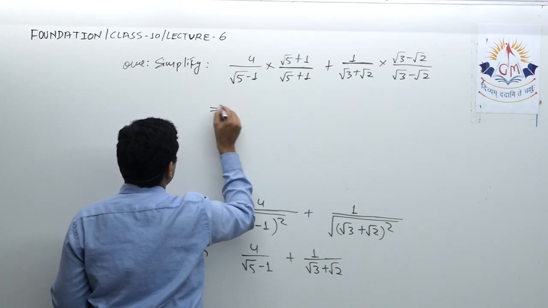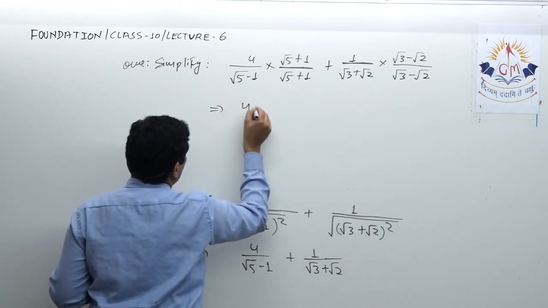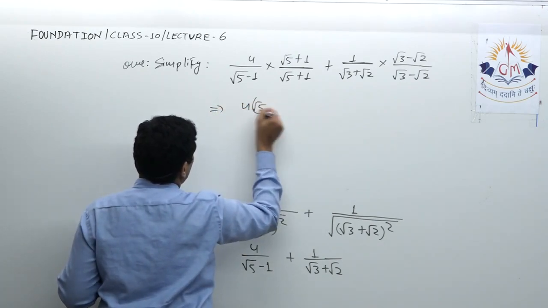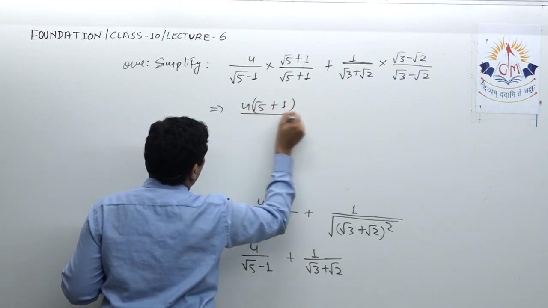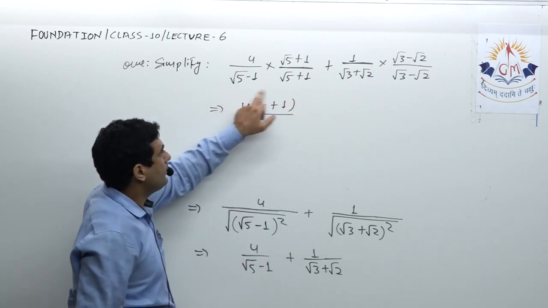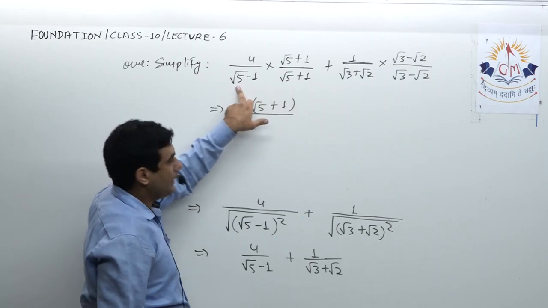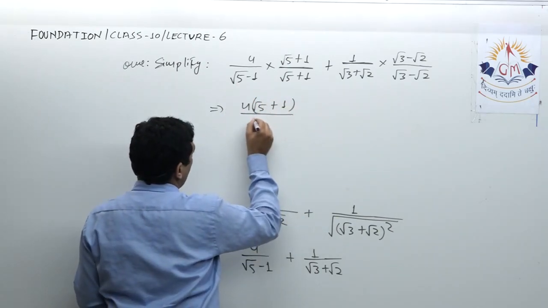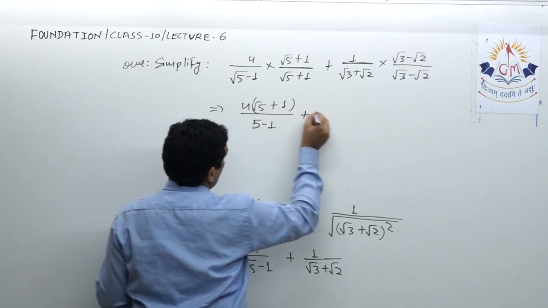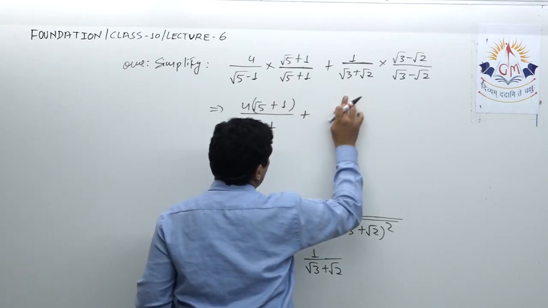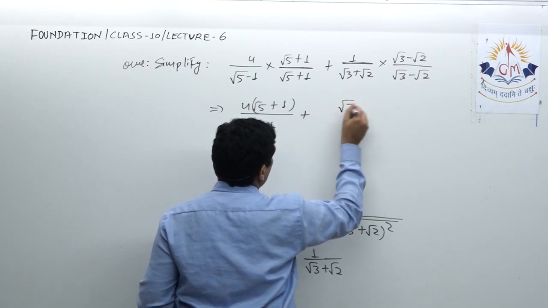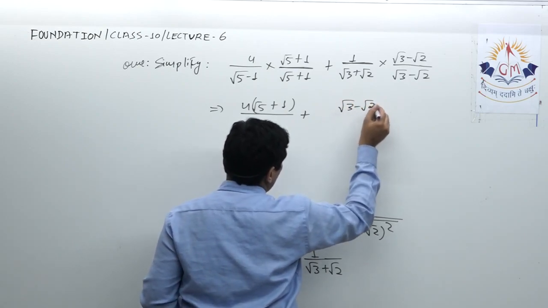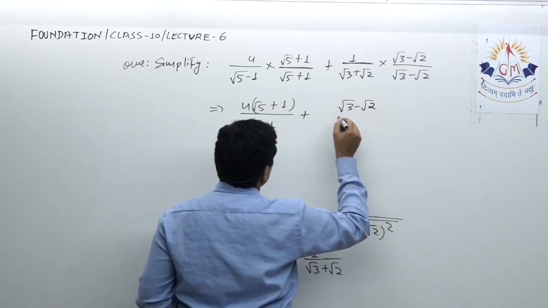So this gives you 4 into root 5 plus 1 upon, now here it is a minus b, a plus b, that is a square minus b square, root 5 square minus 1 square, that is 5 minus 1, plus 1 into root 3 minus root 2, it will remain as it is.